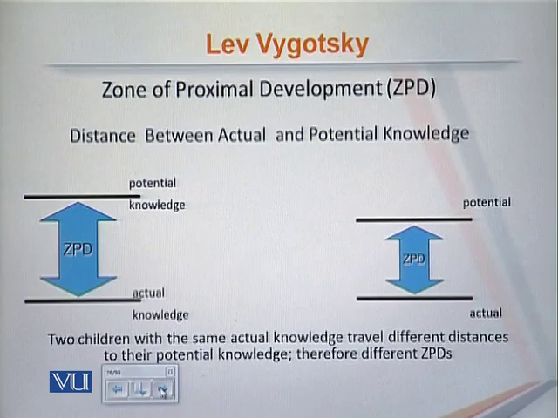They will not be the same, they can't be the same, and so what the child on the left obviously needs much more help than the child on the right. The child with a lesser zone means the child can do much more faster, quicker, easier than the child on the left. So what does this tell the teacher?